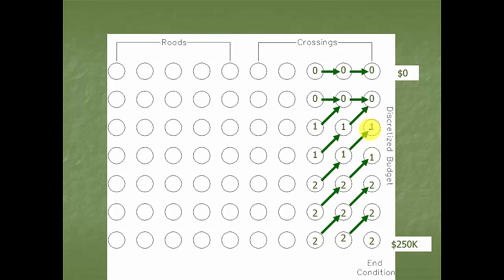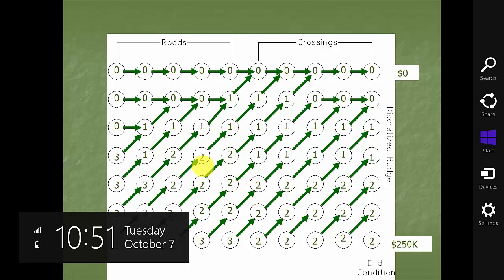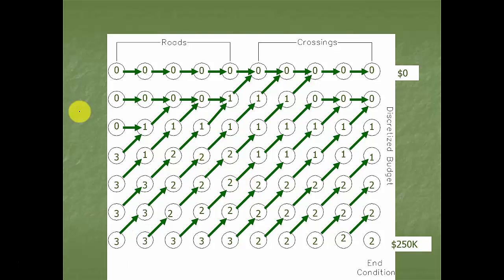So you basically go backwards through your decision space, and what's cool about this is no matter where you are, whichever road or crossing you're at, it tells you where to go and you have a path through the entire decision space. Dynamic programming has something called feedback control, which is pretty exciting.